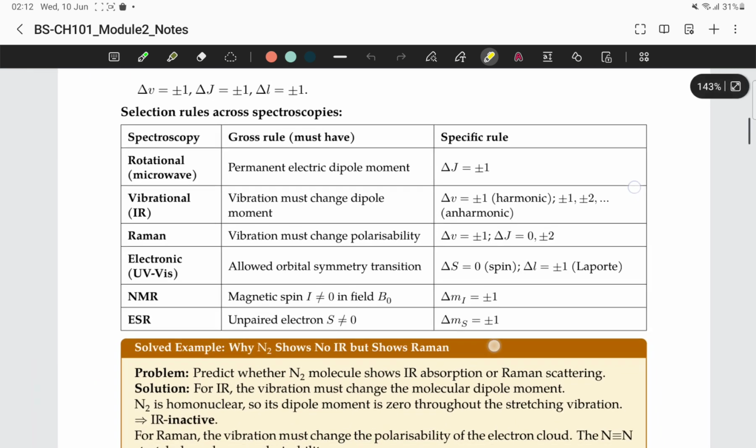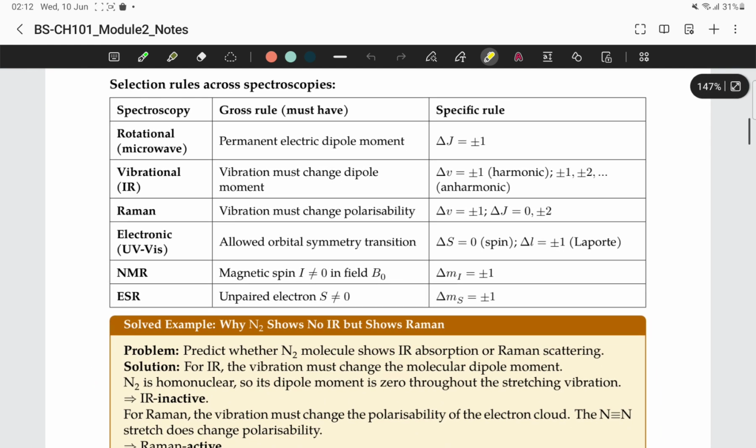Now coming to the selection rules across the spectroscopies. I think this part is very important, because you can see the gross rule and the specific rule for each type of spectroscopy written here. For rotational, or microwave, a permanent electric dipole moment is the gross rule, and delta J equals plus minus 1.